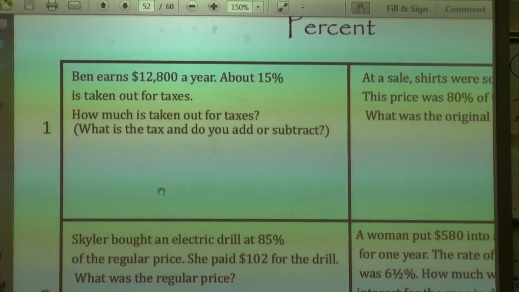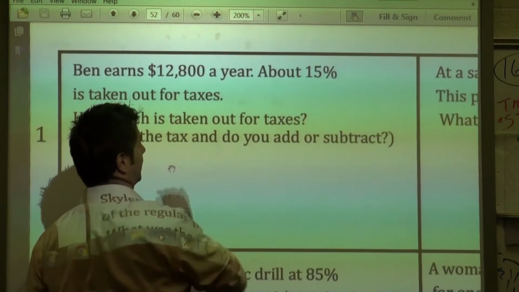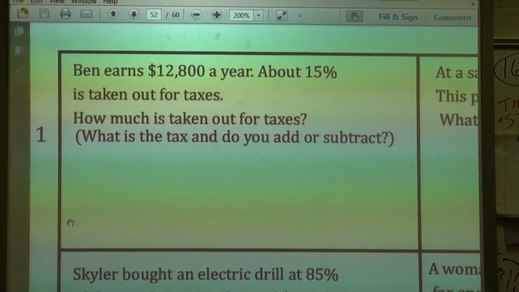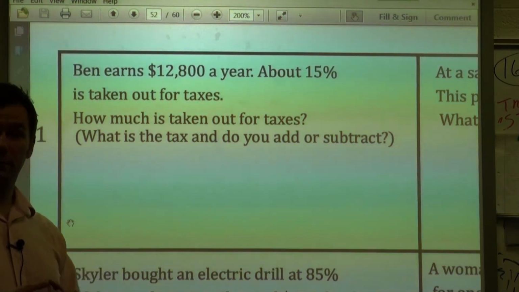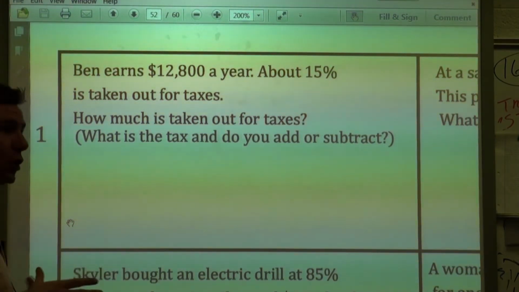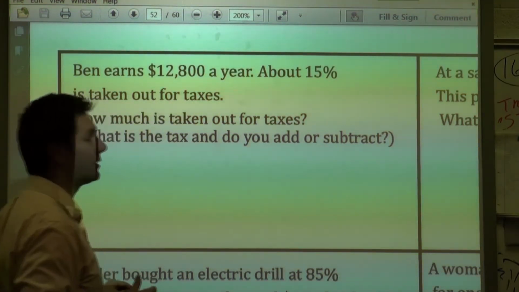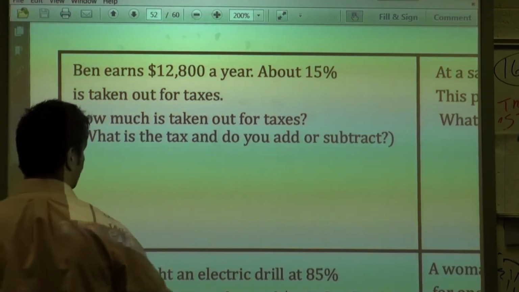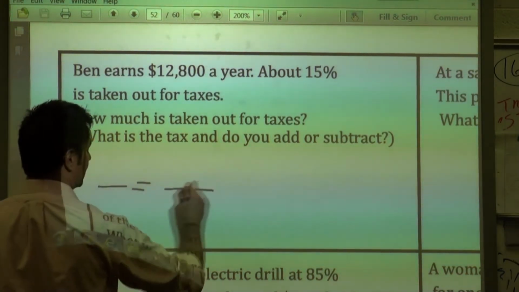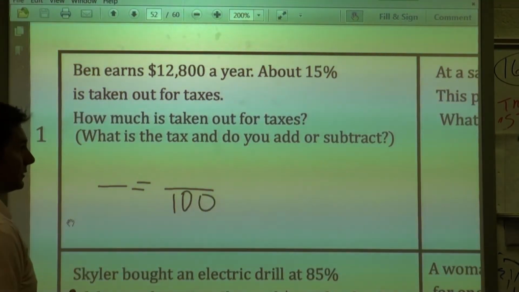That is the question. Since we are talking about a salary, we know that the taxes are taken out from the salary. Therefore, we are looking for 15% of 12,800, and that will be the part that is taken out. So let's set it up. To set this up, we're going to use our similar formula, which is is over of equals percent over 100.